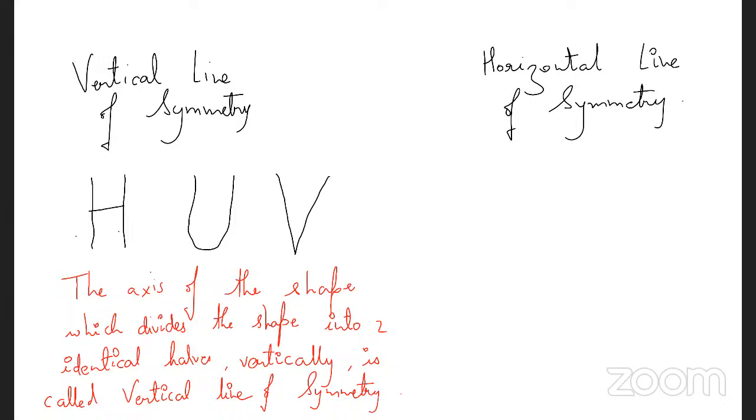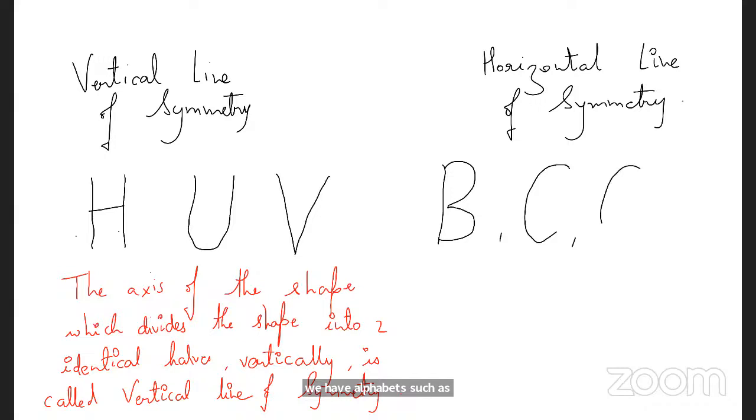Okay, now take a look at the other side, that is horizontal line of symmetry. We have alphabets such as B, C, D, E, H also, and D, which can be divided into two halves using the horizontal line of symmetry.